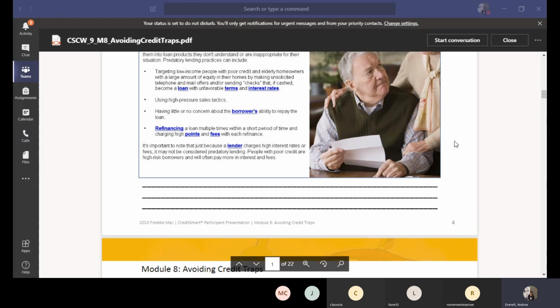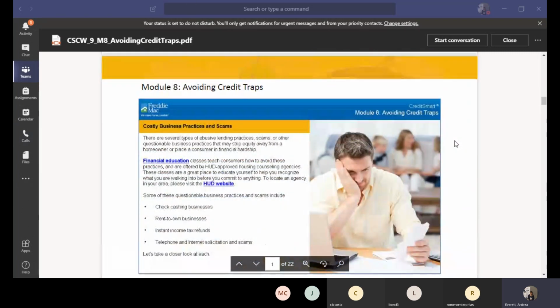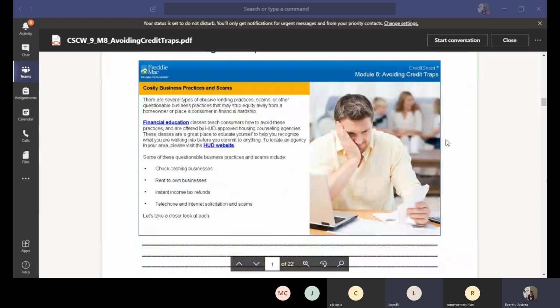Okay, so let's talk about the 4 costly business practices and scams, okay? So there are several types of abusive lending practices, scams, or questionable business practices that may strip what we call equity away from a homeowner or place a consumer in financial hardship.